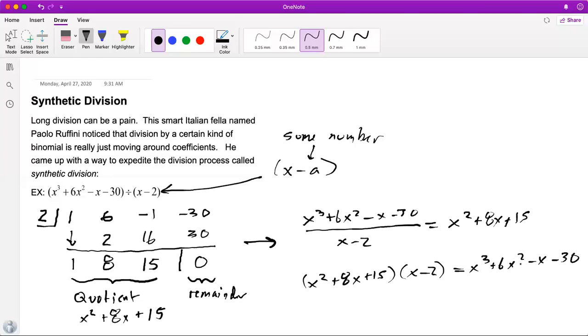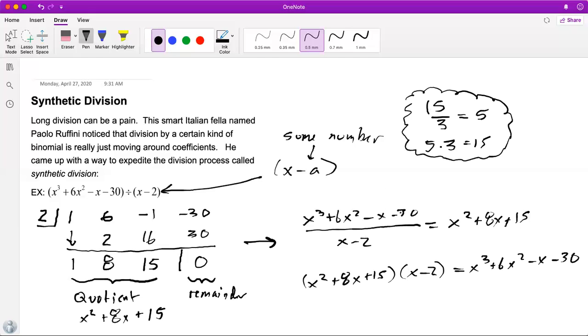So basically, this is like a division fact. If this divided by this equals that, then multiplying these two things together must give me the thing on top. It's like saying, if 15 divided by 3 equals 5, then 5 times 3 equals 15. I think we call those division facts or multiplication facts. That's all I'm doing here. If I divide these and I get this one, then multiplying these two must give me the one on top.